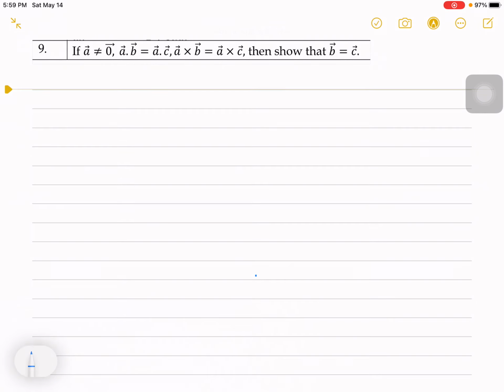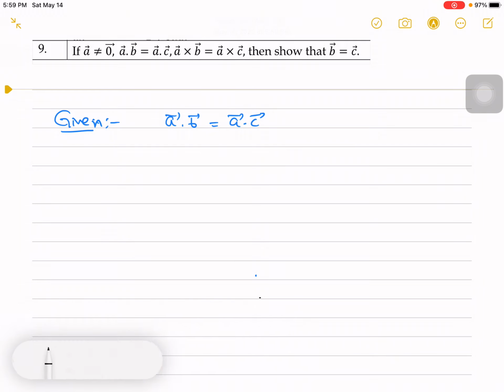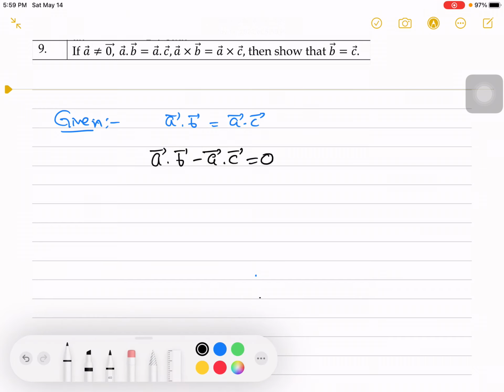First, the given condition is vector A dot vector B is equal to vector A dot vector C. We can write it as vector A dot vector B minus vector A dot vector C, shifting the right hand side to the left hand side.